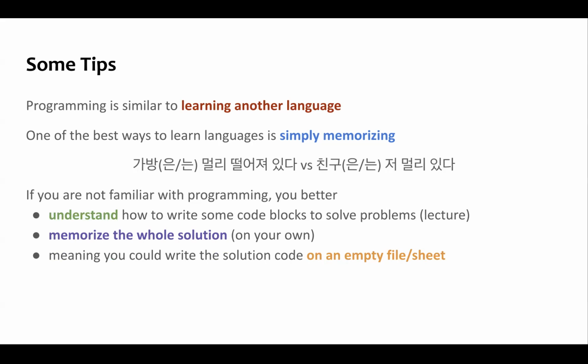And each homework contains around 7 to 10 problems. And if you memorize all the homework problems in this course, then you might become very good at programming. I'm sure about that. Okay, that was some tips to become good programmers if you are starting programming.